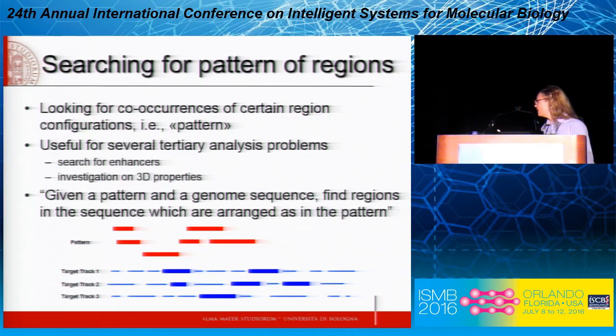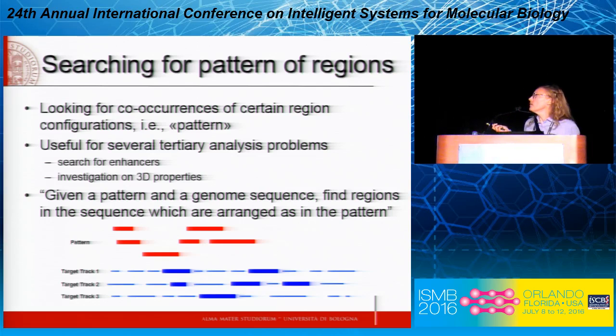As I show you in the figure, given a pattern, in this case the red part of the figure, formed by 6 regions spread over 3 tracks, and the genomic sequence, we look for 5 regions in the sequence which are arranged as in the pattern, so find similar patterns.